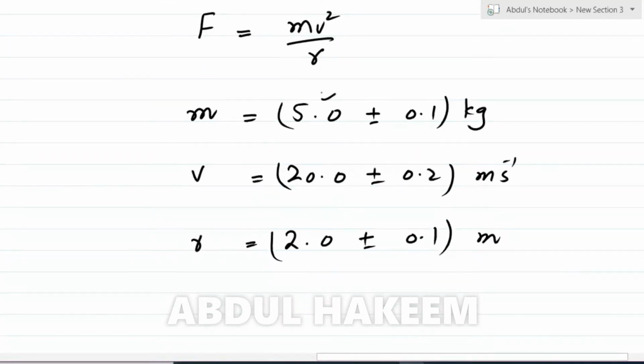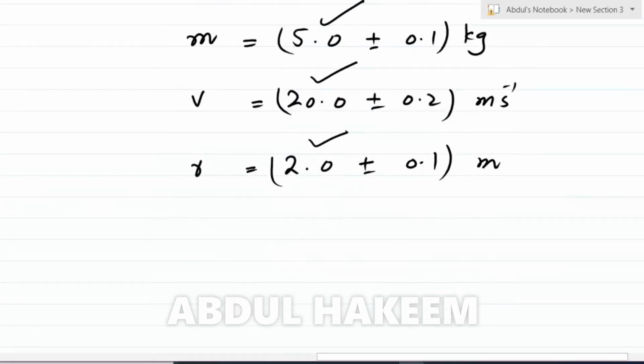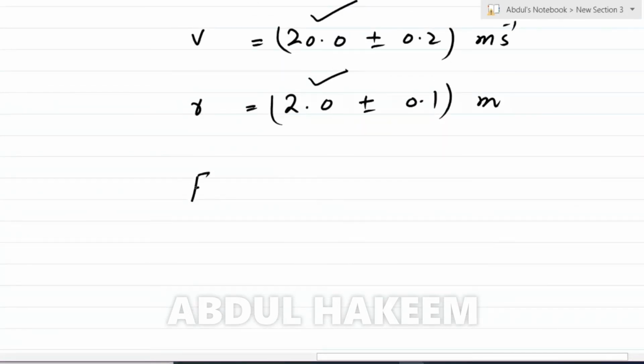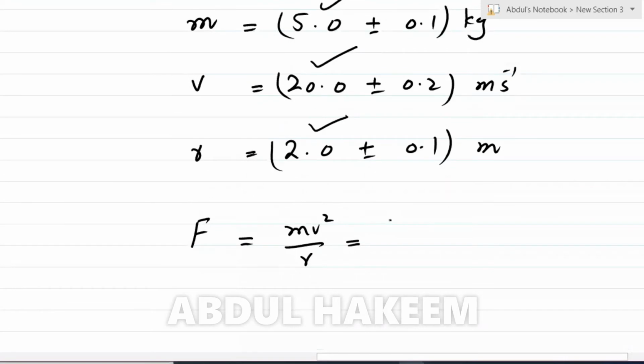So this is the reading for the mass, reading for the speed, reading for the radius. So first we will calculate the reading of the force. Formula mv square over r is equal to m is 5, v 20 square divided by radius 2.